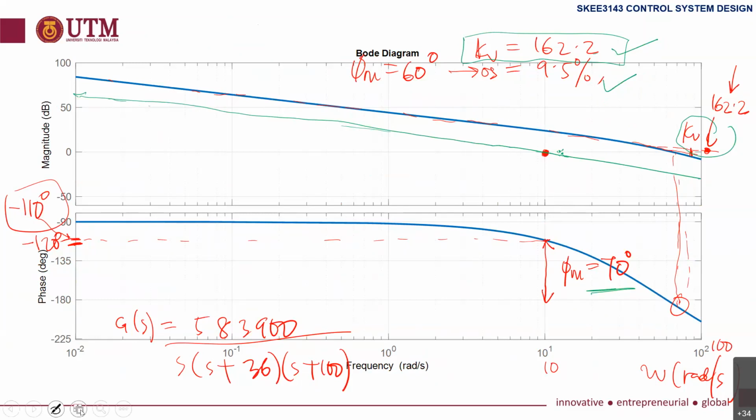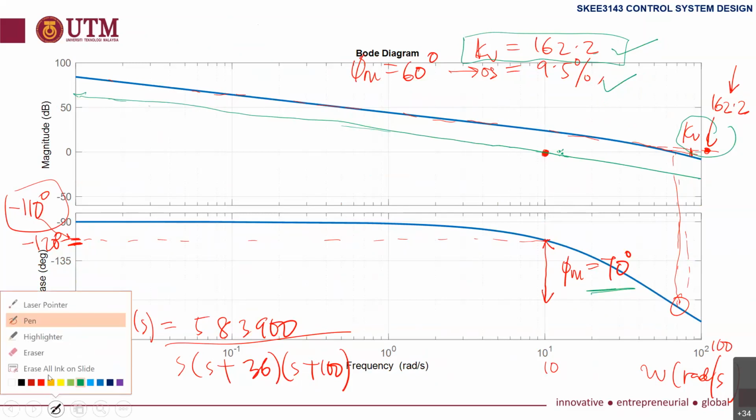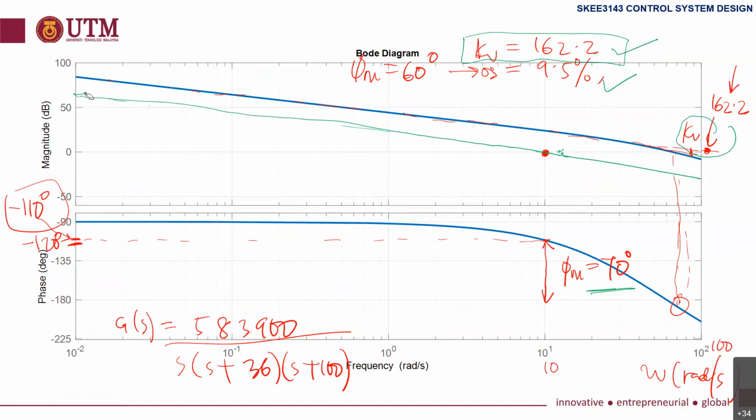Therefore, gain adjustment cannot be used, because you will change both. Then what to use? This is where we can use a lead compensator.